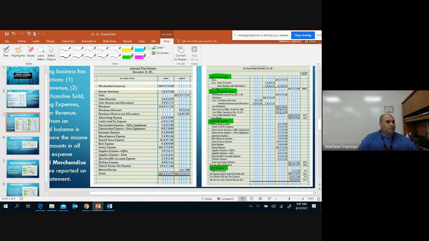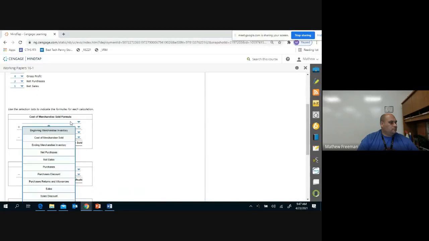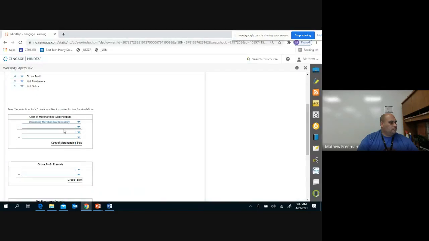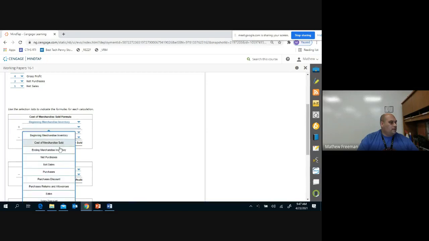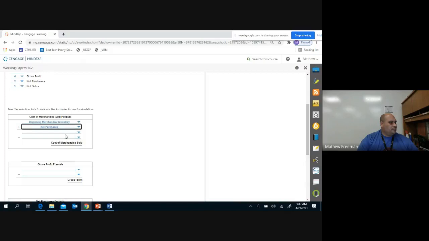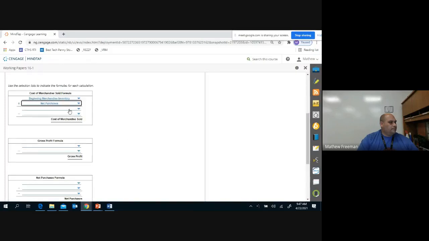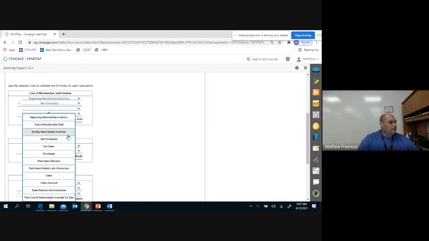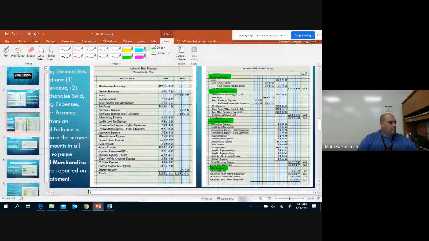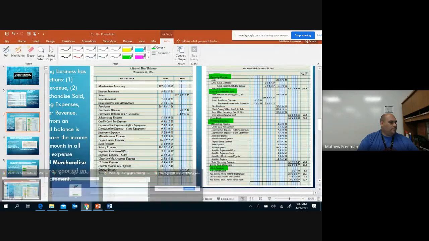So the key thing, we come over here, let's use this column here. Beginning inventory, because we know we're going to need our cost of merchandise sold. So beginning inventory plus our net purchases, okay, minus, oh, well, no, we have our total cost of merchandise available, not minus yet.